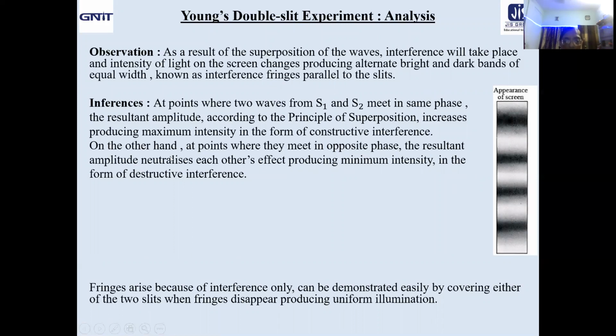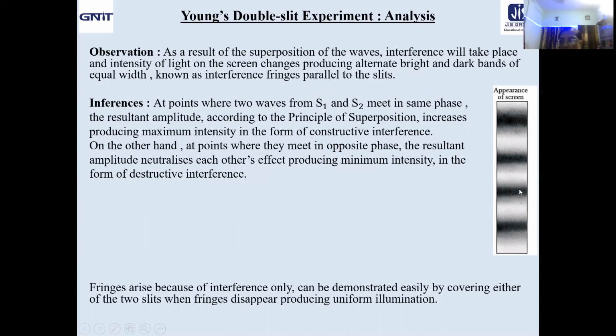On the other hand, at points where they meet in opposite phase, that means one's crest and the other's trough or vice versa, the resultant amplitude neutralizes each other's effect, producing minimum intensity in the form of, obviously, destructive interference.